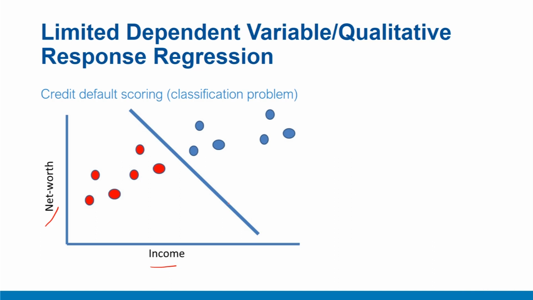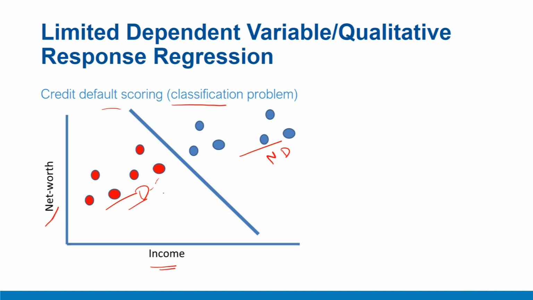Now, suppose you want to train a credit default scoring algorithm, or a classification algorithm. You would like to have labeled data. The data is labeled as defaulter, in this case these red solid circles, and the blue ones are non-defaulters. So you have the labeled data and you also have their features as net worth and income.